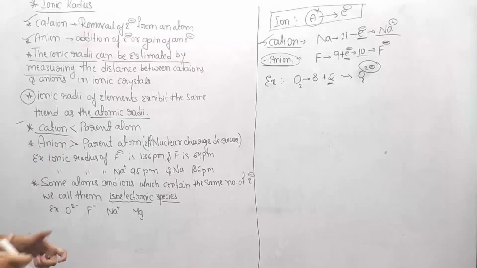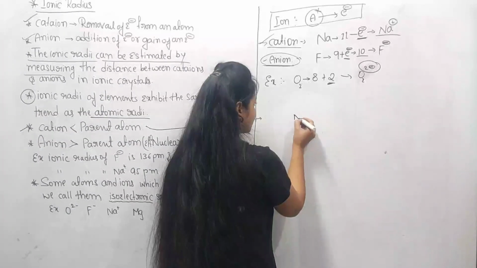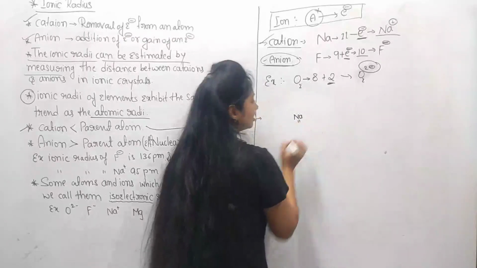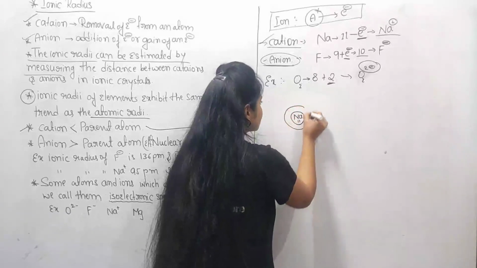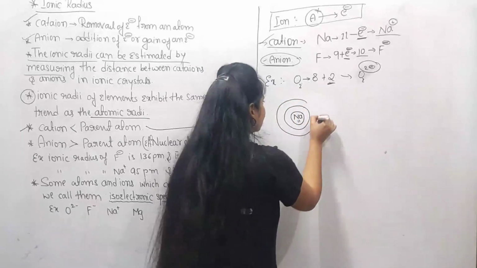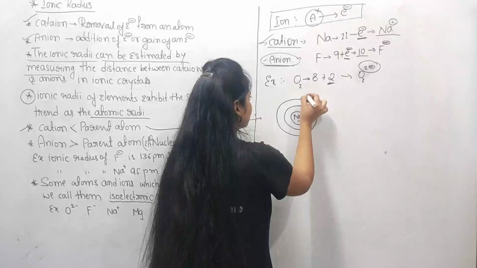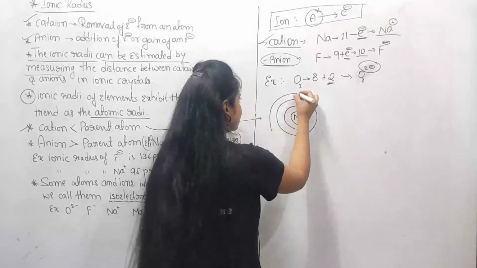Cation means cationic radius. Consider this is the sodium atom having 11 protons in its nucleus, and these are the shells having the electrons.